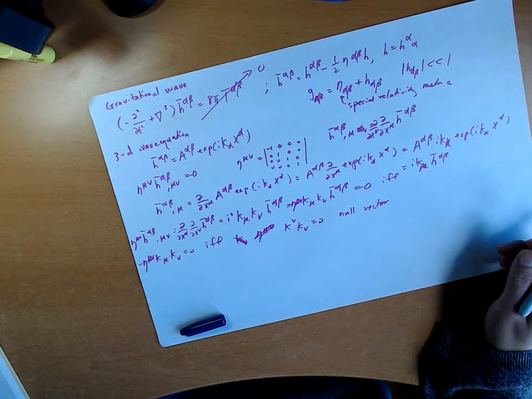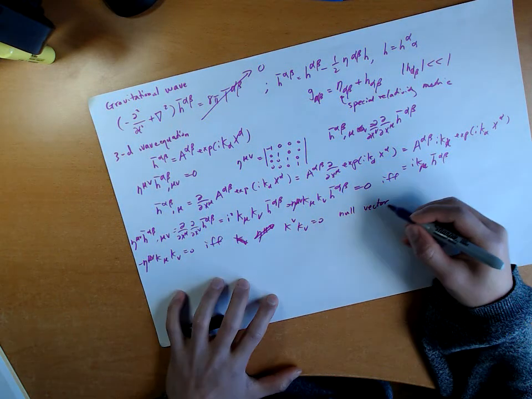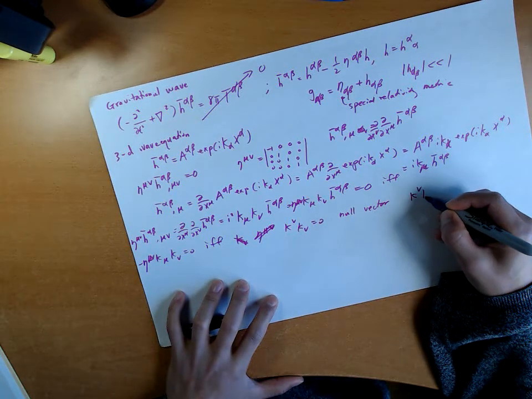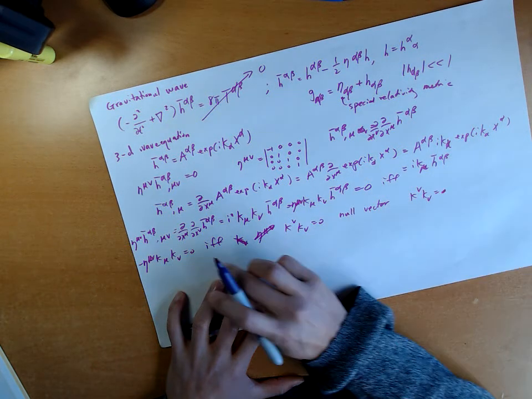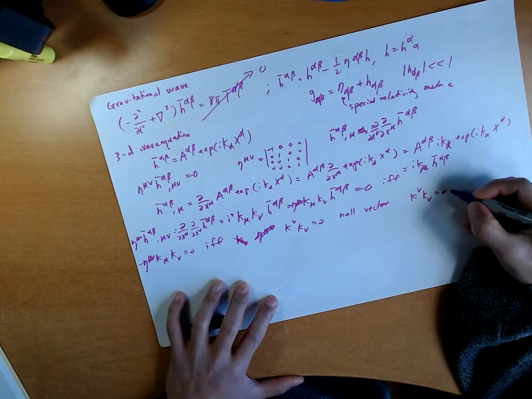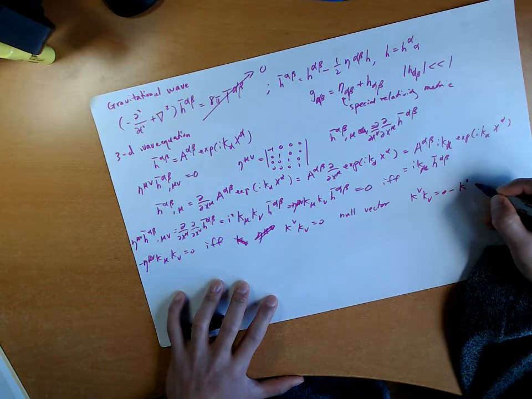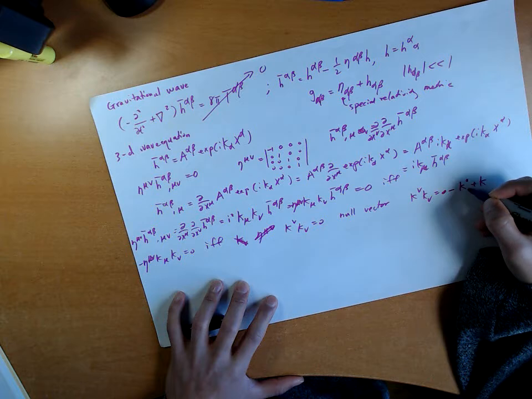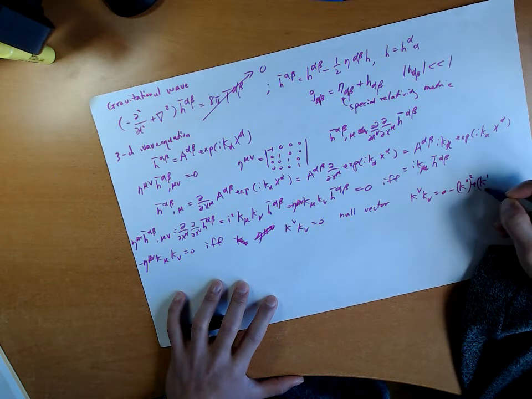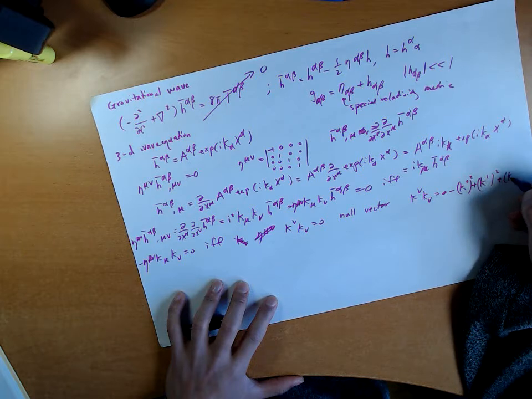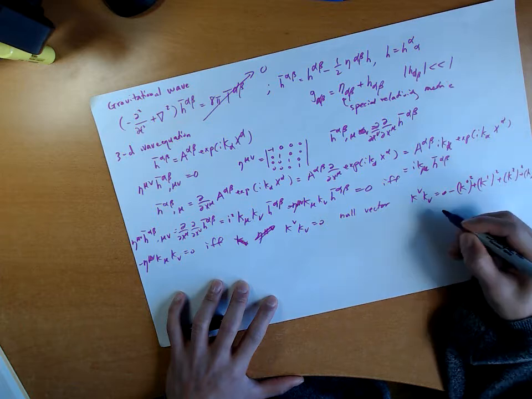Okay, and we can write this out explicitly, right? This is k0, k2 squared plus k3 squared. This is equal to 0.